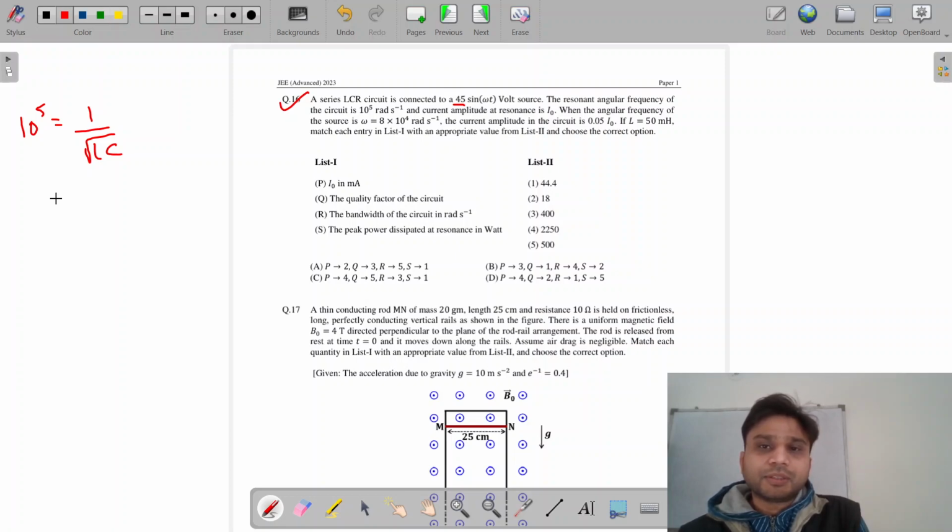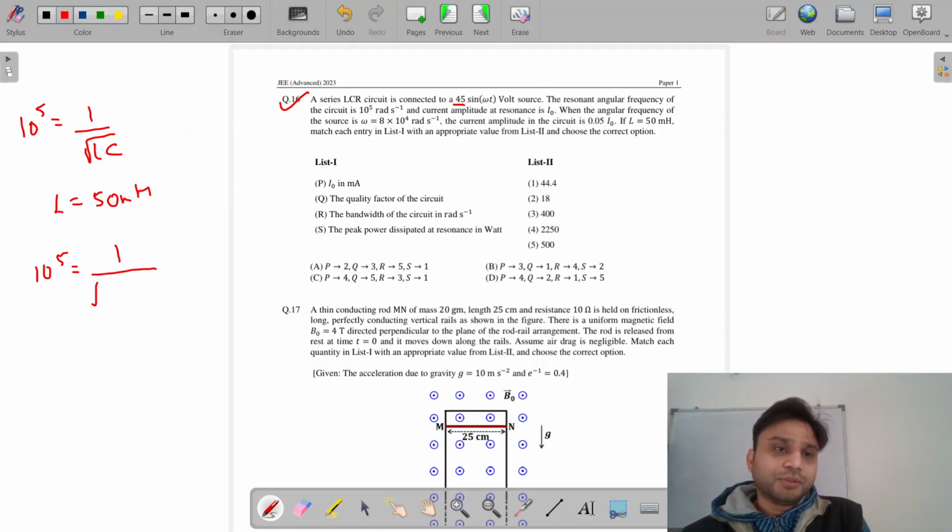We are given that the inductance of the inductor is 50 millihenry, so 10 to the power 5 is equal to 1 upon square root of 50 into 10 to the power minus 3 into capacitance. So capacitance is what we can find.